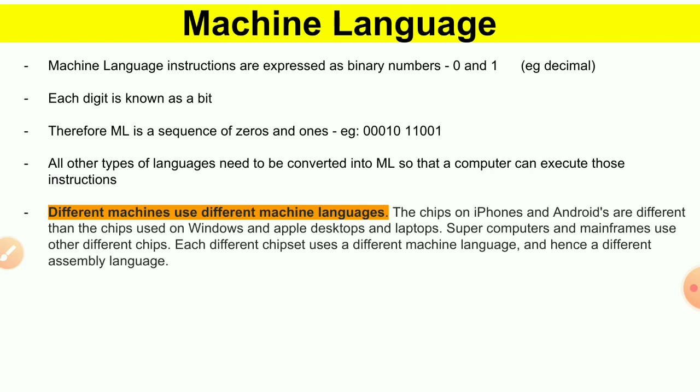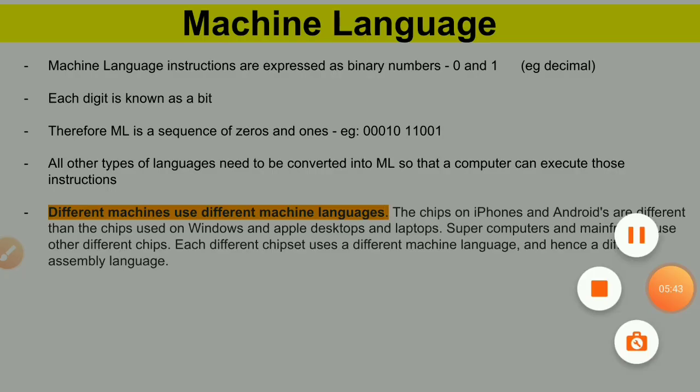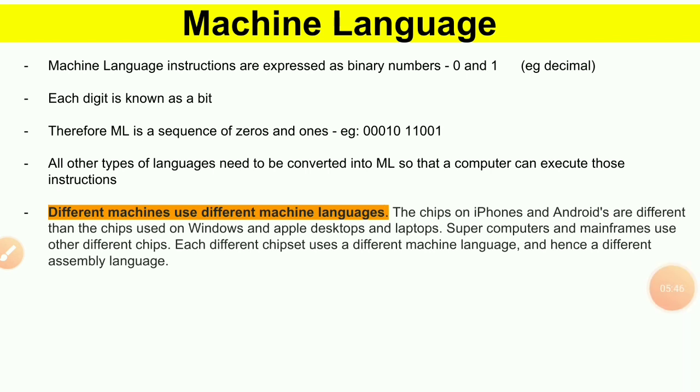So when I say that different machines use different machine languages, it means that although all these different variety of devices will be using the machine language only, zeros and ones only, we cannot give the same sequence of zeros and ones to all the devices and expect them to perform uniformly.